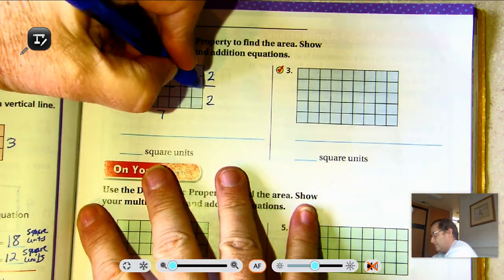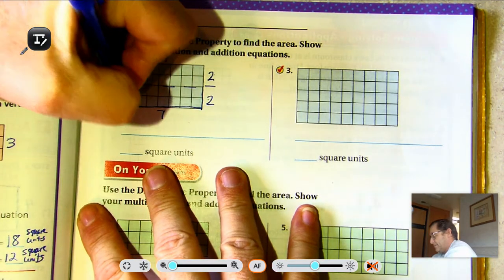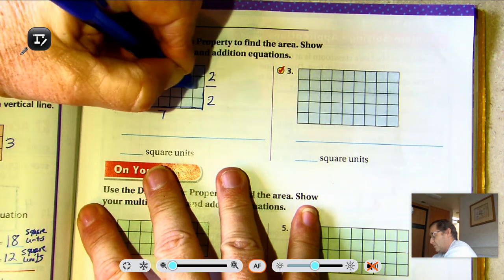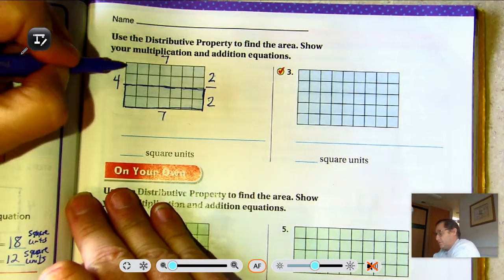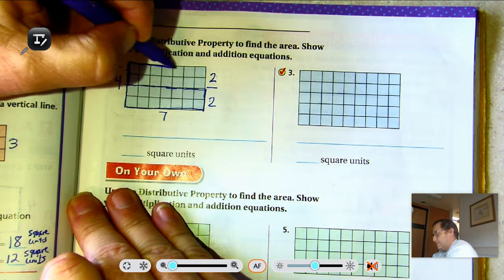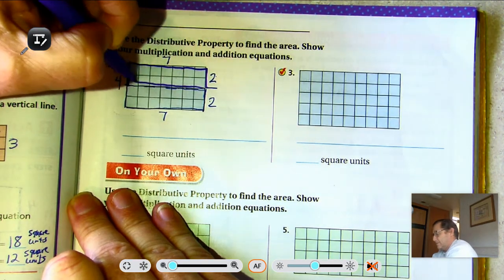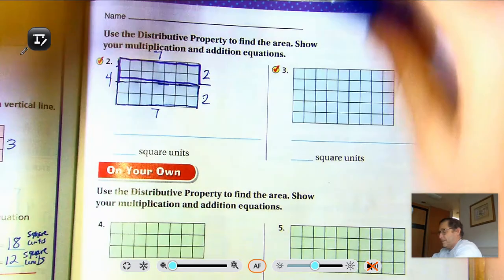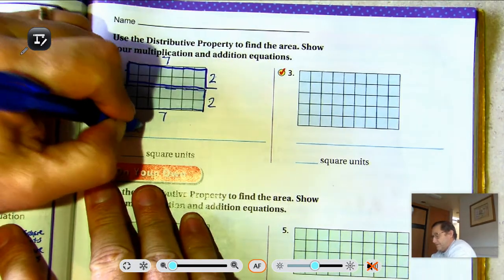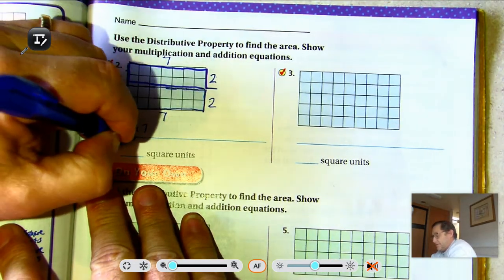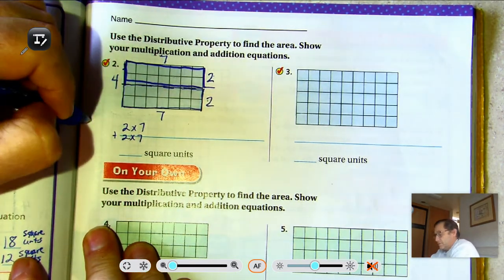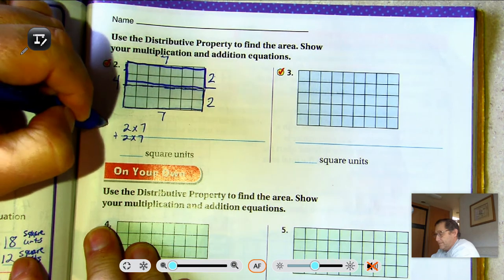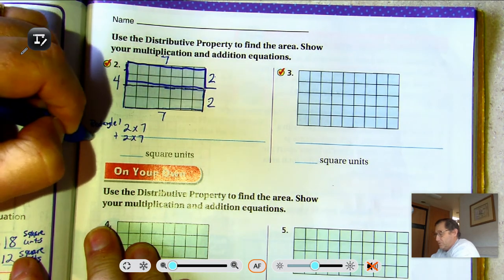So what I did was I split my larger rectangle into 2 by 7 rectangles. So 2 times 7 plus 2 times 7. We call this rectangle 1 and rectangle 2.